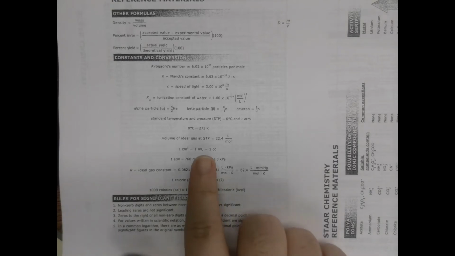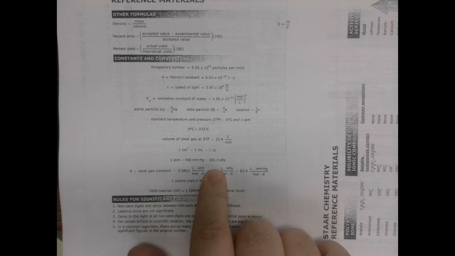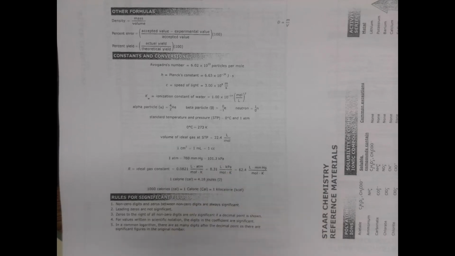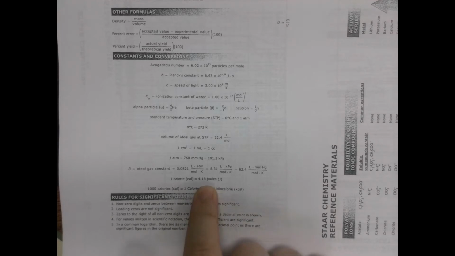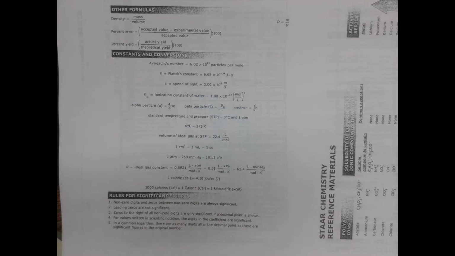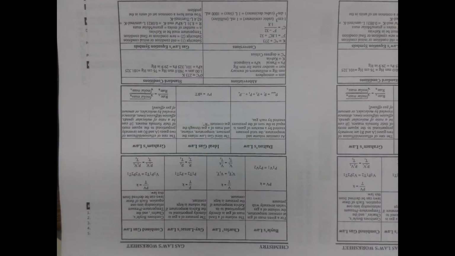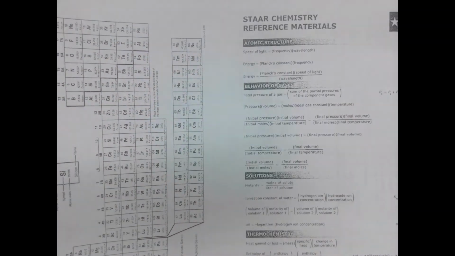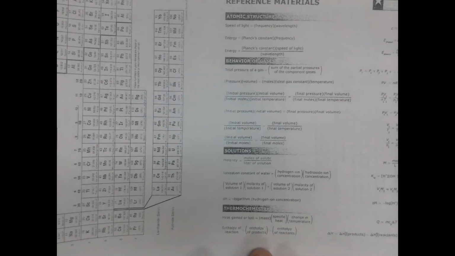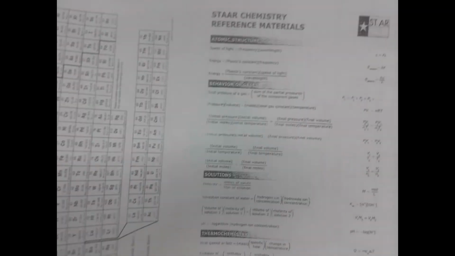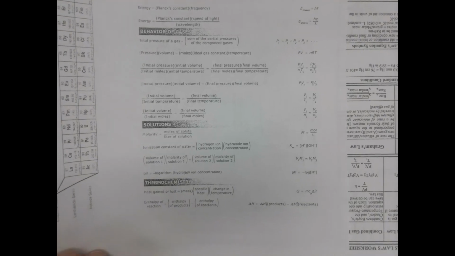Volume of an ideal gas at STP is 22.4 liters per mole. Conversion factors, it's 325. There should be a 4 at the end of this. 1 calorie is equal to 4.184. Again, this is stuff Miss England had. I use more technical stuff, or I should say, more precise.